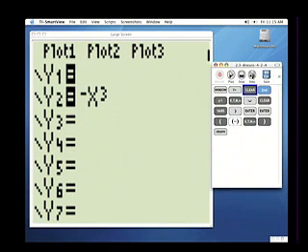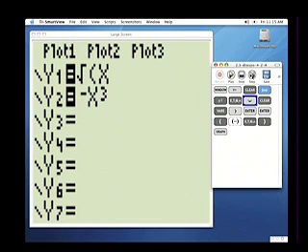We're going to clear out x cubed, and this time we're going to enter in the second key followed by the x squared key, and that gives us the square root key. Now we put in x. You don't have to put in a parenthesis now, although you can, but it understands even without the parenthesis that you have y sub 1 equals the square root of x.